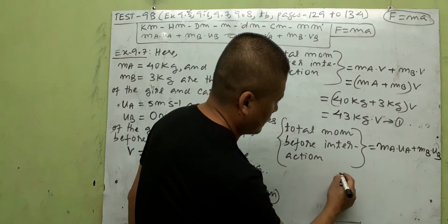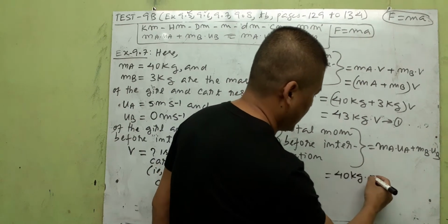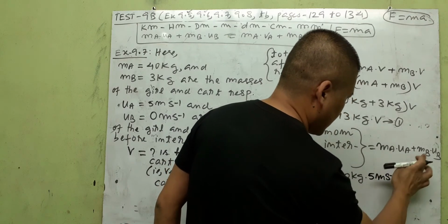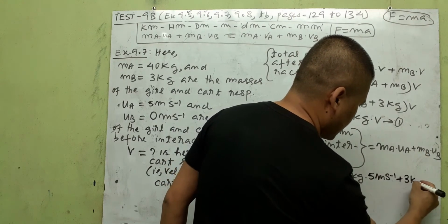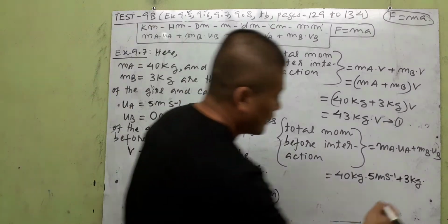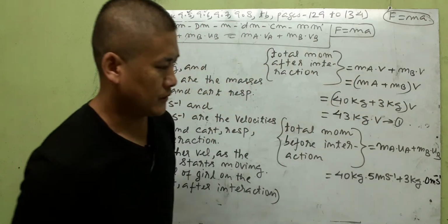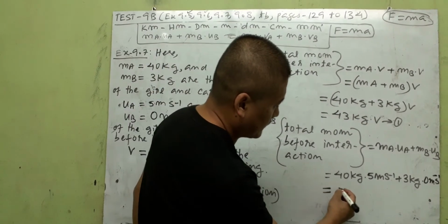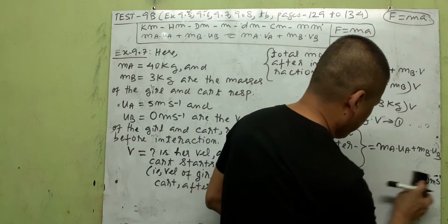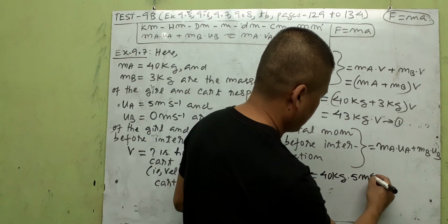So that will be equal to MA is 40 kg into UA is 5 meter per second, the girl, and the cart is here, so 3 kg into cart before interaction was stationary, so 0 meter per second.